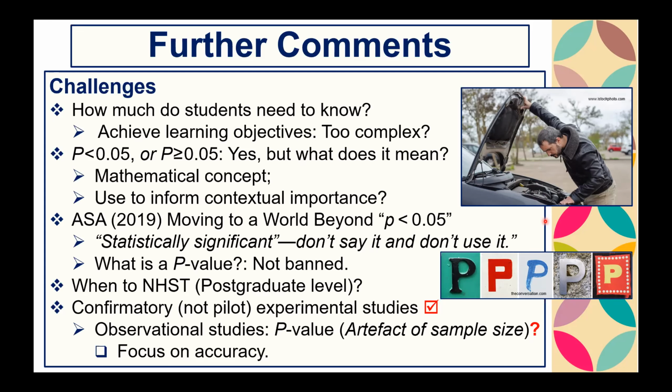Now, what is also interesting when I'm teaching my postgraduate students about hypothesis testing is that I tell them I think it's okay to do hypothesis testing in RCTs, on confirmatory studies, and then only on my primary outcomes and not the secondary ones.